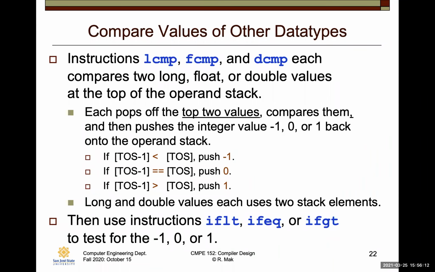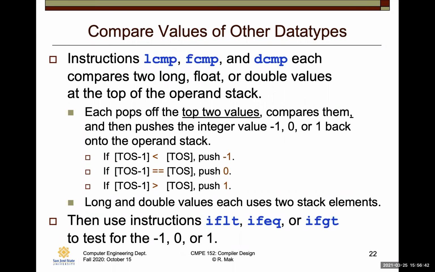And remember that if it's a long or a double, each of the values on top of the stack takes up 2 stack elements. So when you call, say, D compare, you are actually popping off the top 4 elements from the stack, because each of the values takes up 2 stack elements.